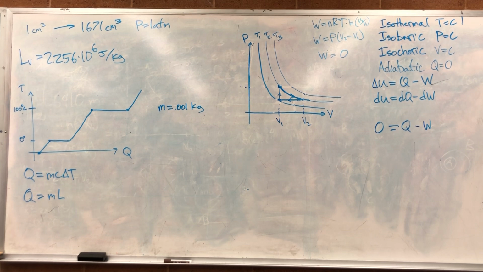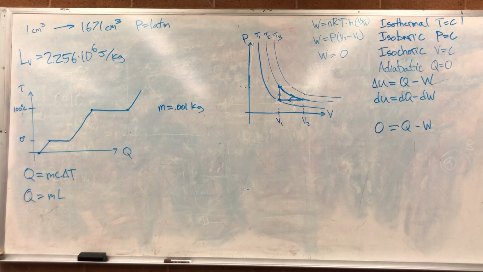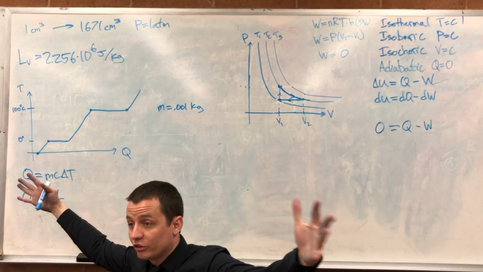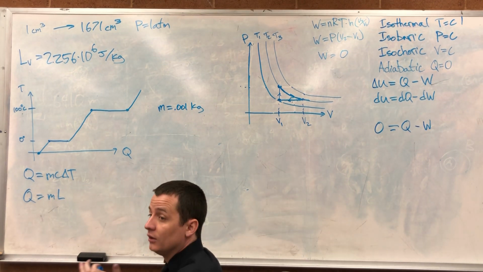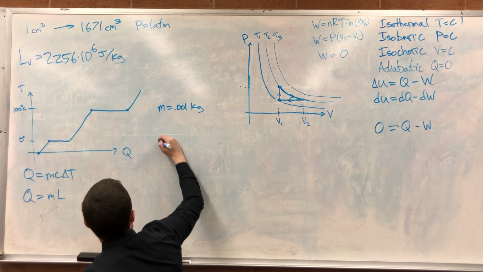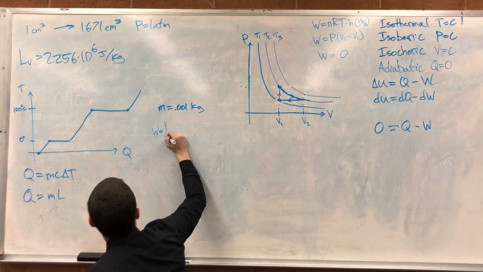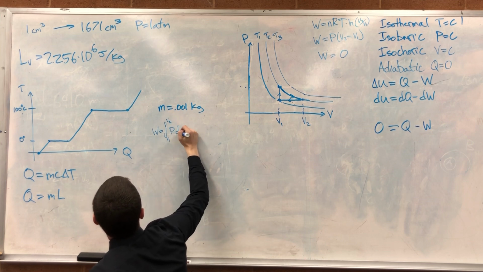The problem says: compute A, the work done by the water when it vaporizes, and B, its increase in internal energy. As the water vaporizes, the volume changes a lot, by that much. So the amount of work the water does is equal to the integral from our initial volume to our final volume of pressure dV, right?